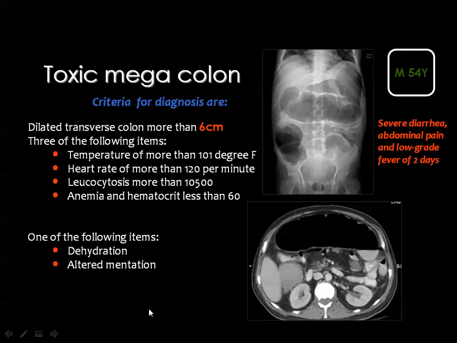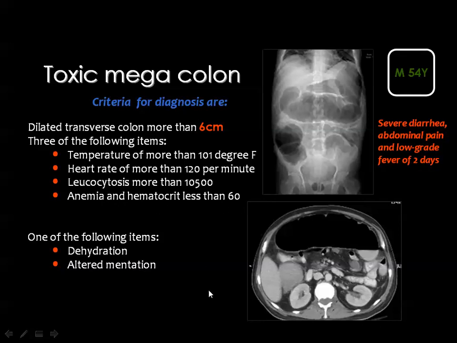The criterion for diagnosis of toxic megacolon is a dilated transverse colon of a caliber more than 6 centimeters. Some of the literature says 9 centimeters, but 6 is good. And the dilatation should be accompanied by three of the following: increase of the temperature, increase of the heart rate, leukocytosis, and anemia with the hematocrit less than 60.